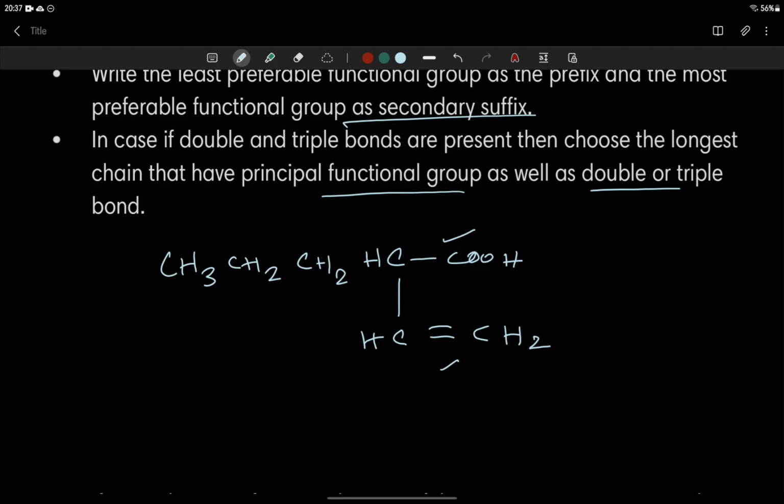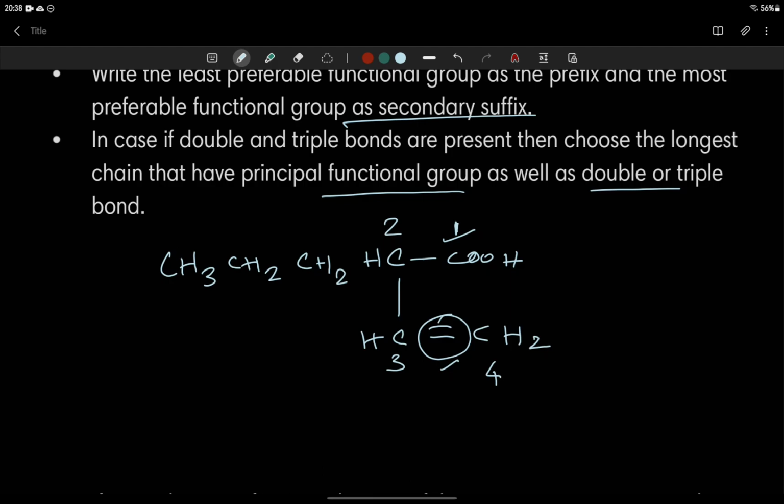We know that the principal functional group is COOH, so it will get the lowest possible number. So we will not number it like this; rather we will go like this, 1 2 3 4. Why? Because here the double bond is also getting a number.